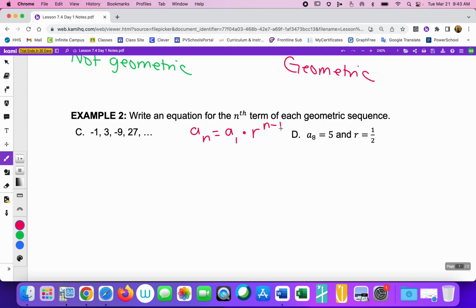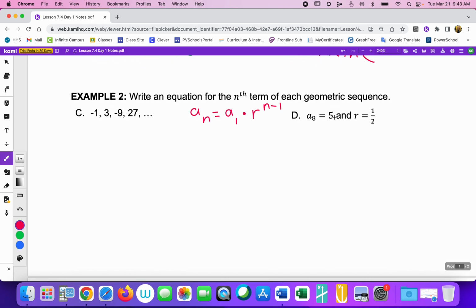So on C, what's the first number? -1. Okay, so right there, that's A1. So we're pretty straightforward. How are those being multiplied each time? -3. That is the R value.